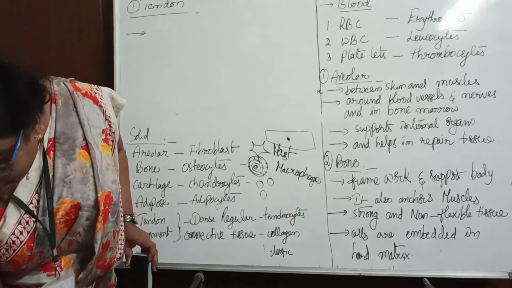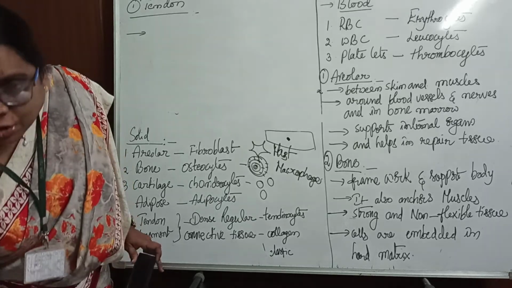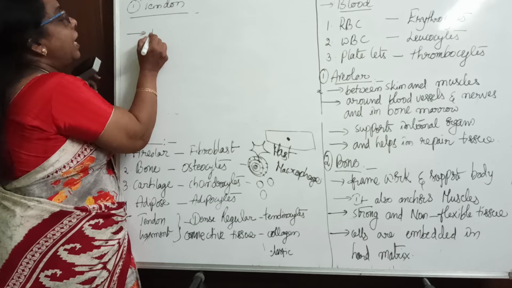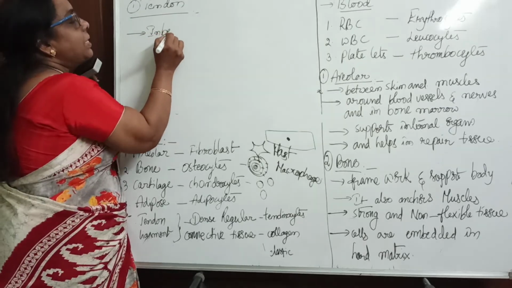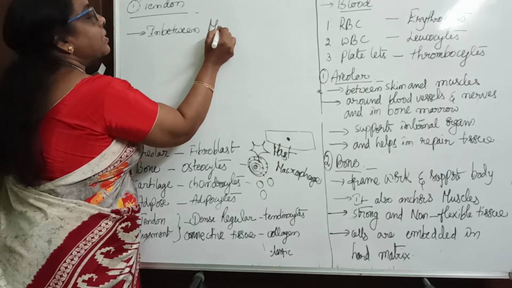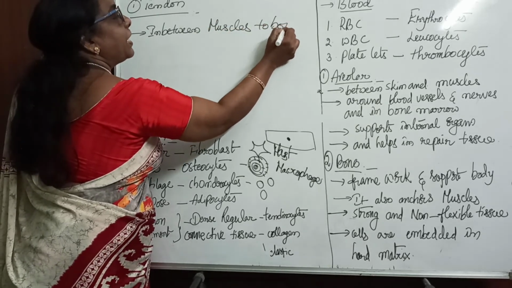Where are the tendons present? The tendon is present in between muscle and bone. We can say muscle cells are attached to the bone. Muscles to bone, we can say.